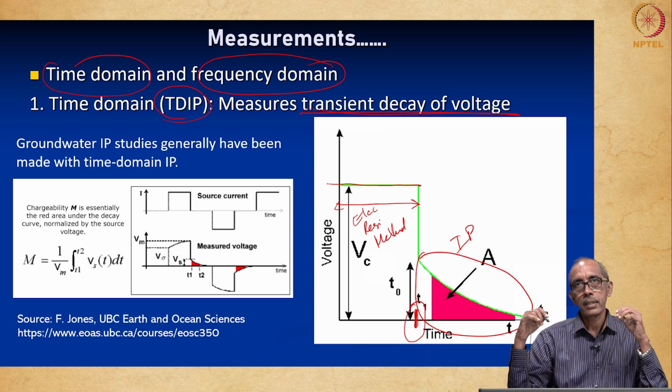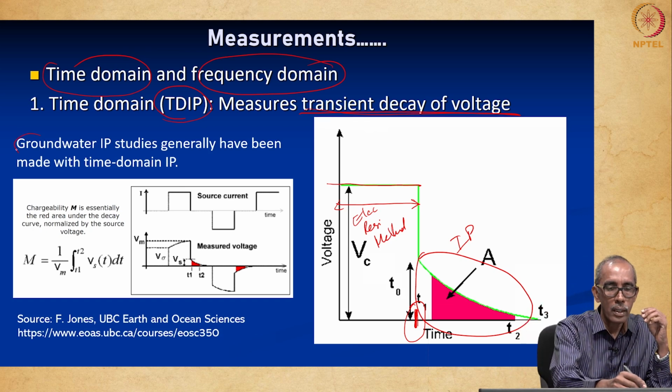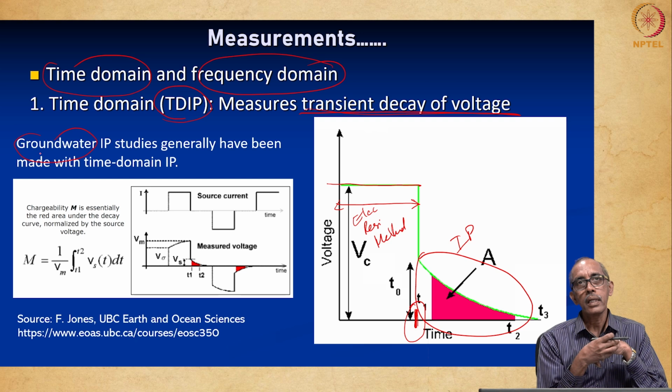So, we are going to measure the transient decay of voltage, right. So, this time domain method is often used in groundwater investigations. Mostly groundwater investigations are carried out by time domain induced polarization method, right.